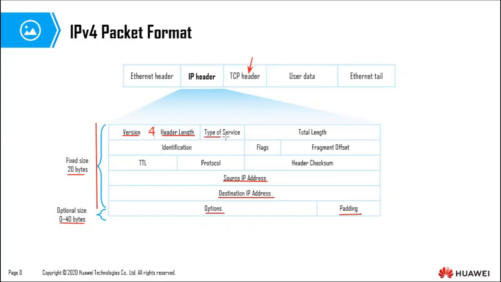Then the other one is type of service. For now, just know that this indeed is used to indicate the service type. Sometimes on a network, we want to give higher bandwidth maybe to the managers, implementing what we call differentiated services.